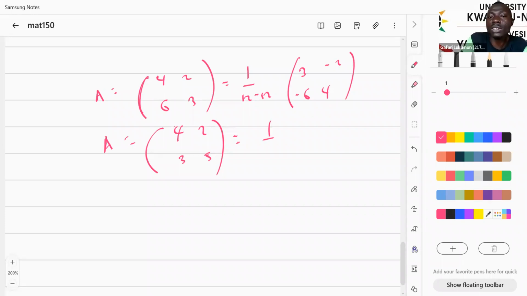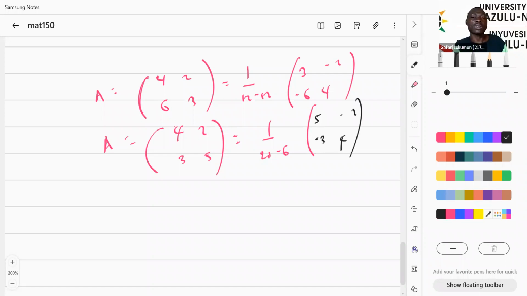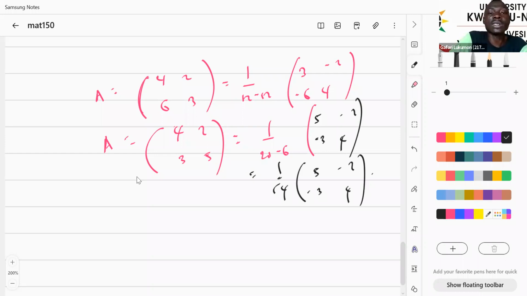That's 1 over 20 minus 6, right? Then you interchange the ones along the leading diagonal. Then that will be 5, 4. And this will be minus 2, minus 3. So then you are going to have 1 over 14, 5, minus 2, minus 3, 4. You understand now? So that is that.